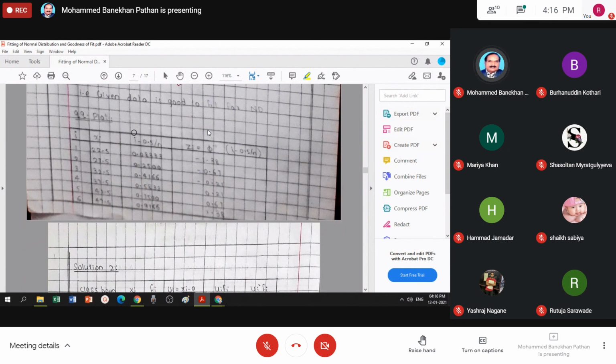Then get an empirical distribution around 0.5: i minus 0.5 total divided by small n. I is 1, 1 minus 0.5, n is 6, the total values in the data. You get the first calculation.